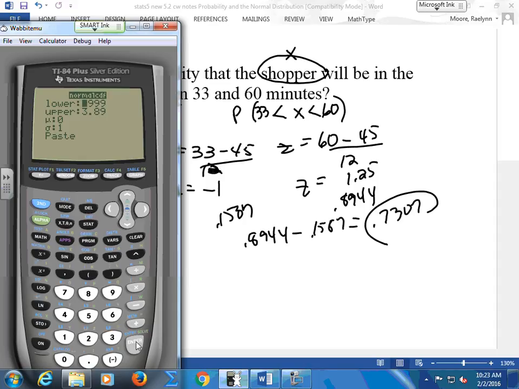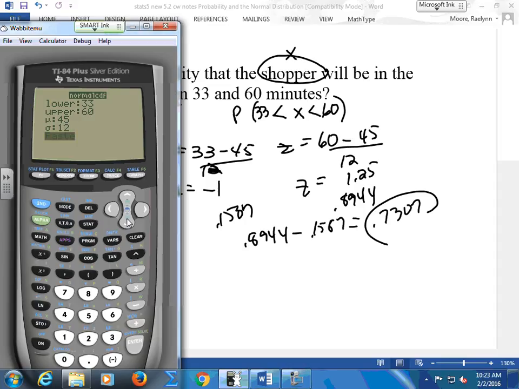Now, I know my lower limit. Use your X values. My lower limit is 33. My upper limit is 60. Watch, guys. This is going to bypass a lot for you. Because I'm using my X values, I need to use my mean and my standard deviation. I don't want my z-score. I want my area.